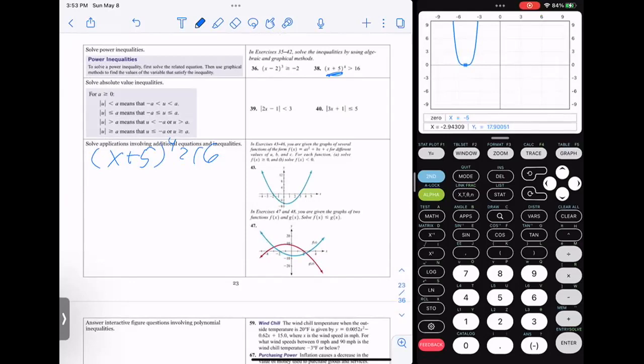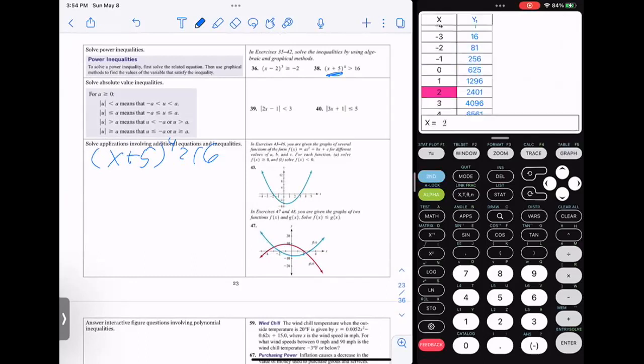No, the x doesn't have to be, that's just how the function looks. So let me do it algebraically. Oh, here we go. If I go to the table with all the x, y coordinates, for it to be greater than 16, it's for x less than -7 and x greater than -3. You'll see what I mean here.